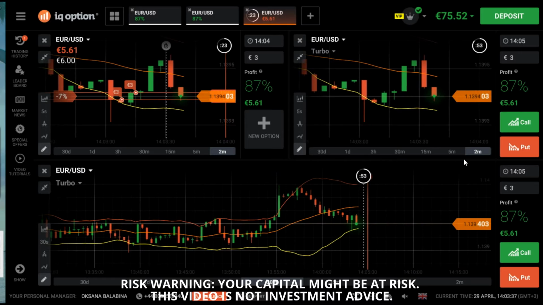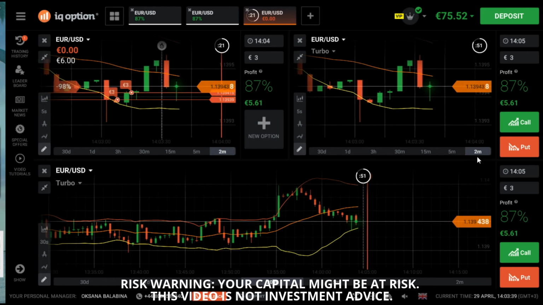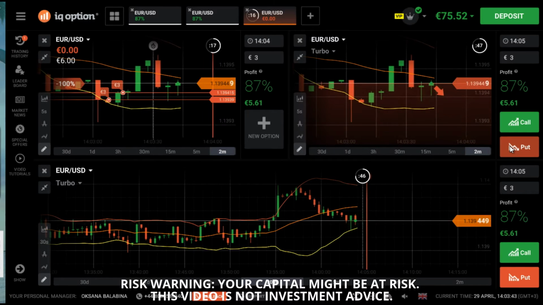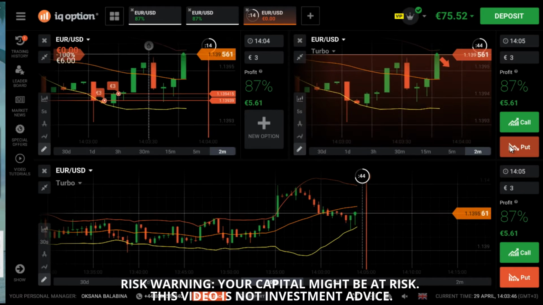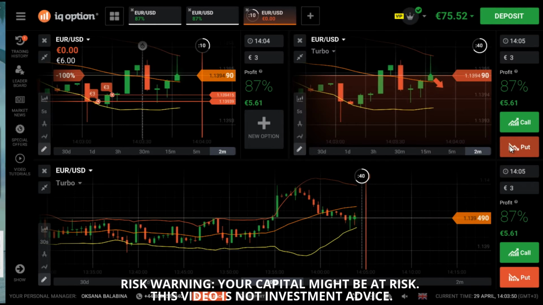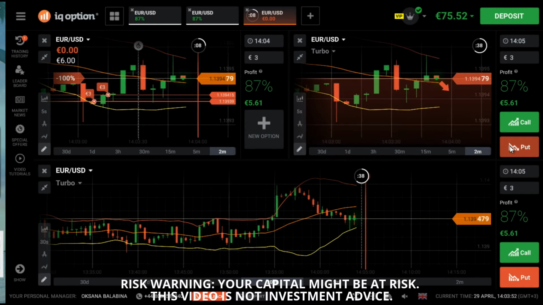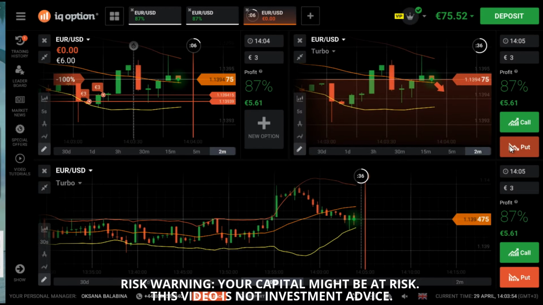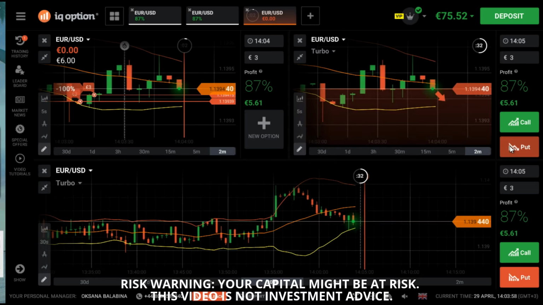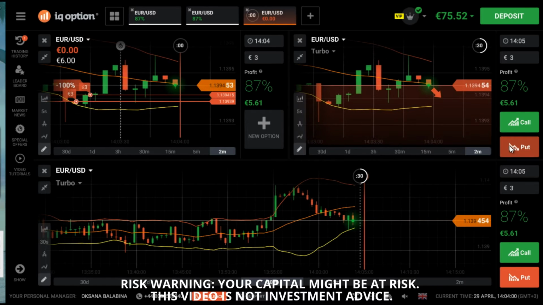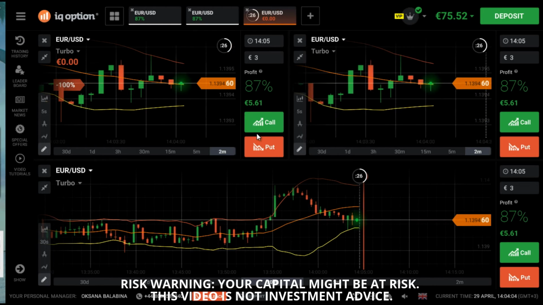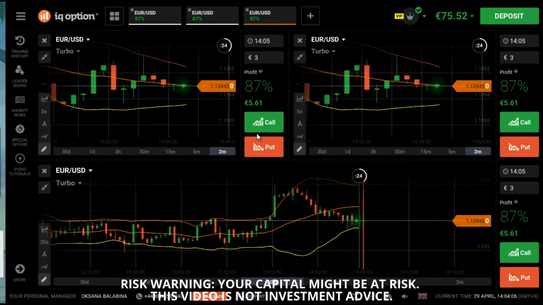Right now it's very undecided. You can either wait till it has some decision being made, or like I'm doing, just a little bit of trade, but it's almost useless trading on this candle right now.